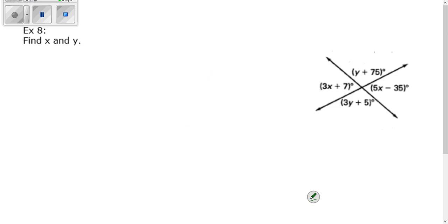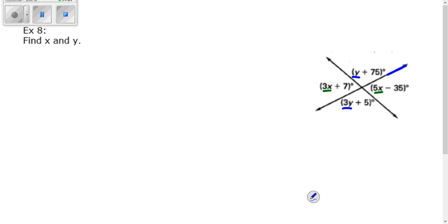All right, example number 8, we need to find x and y. We can see our two x's here. We have two y's. Now we've got to think of a way to solve for x and a way to solve for y. I want to focus on one first, so let's think about the x's. Just going off of what we're learning so far, let's see if there's a way that we could maybe add up numbers to 180, forming a linear pair.